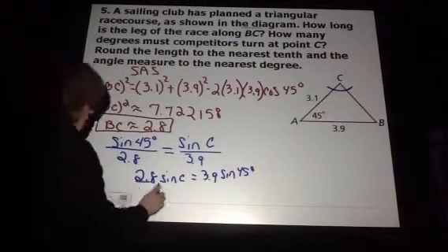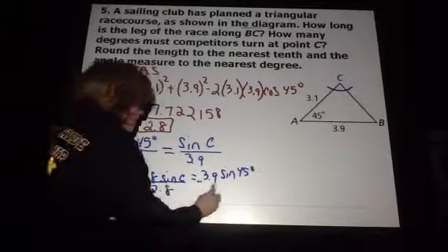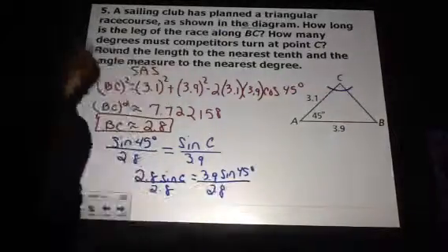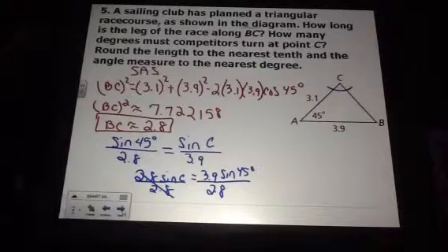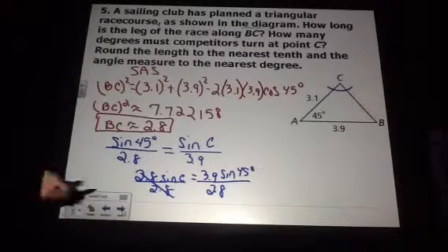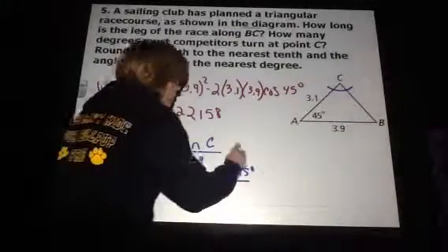So then you're going to divide both sides by 2.8. All right, and we're trying to find an angle measure, so let's go ahead and switch to the inverse.